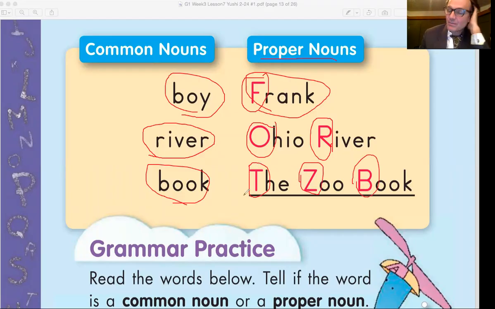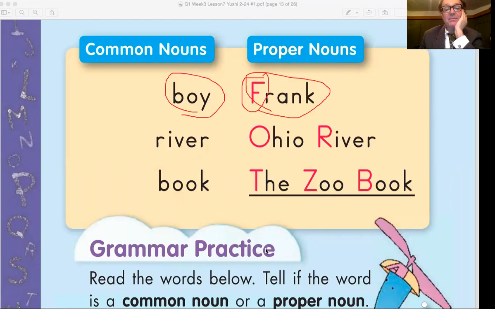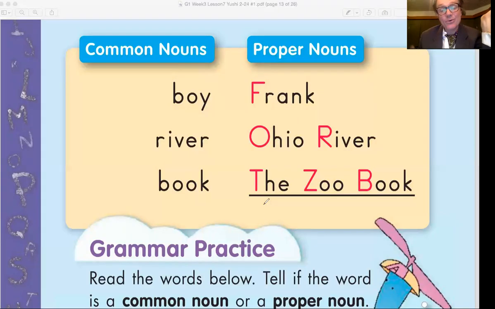I think it's really important. Those things are tricky. If you can just take a moment and really think about this and try to remember it, you won't have to do it. Some people don't really quite get it, and it takes them a year or two to remember how to do this. And it's really important. What to capitalize, what not to capitalize, and what is a noun, right?